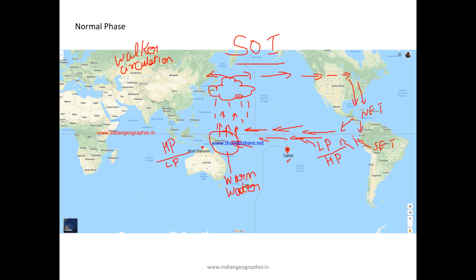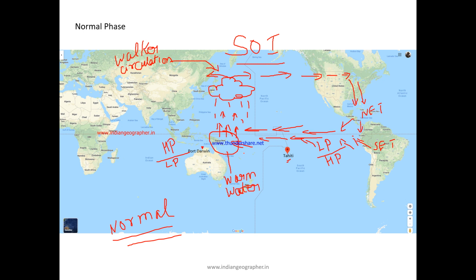This entire circulation is called the Walker circulation. So this is the normal condition, the normal state of the Pacific Ocean. Walker circulation is a normal thing that happens here.